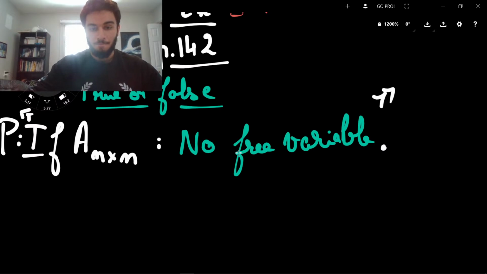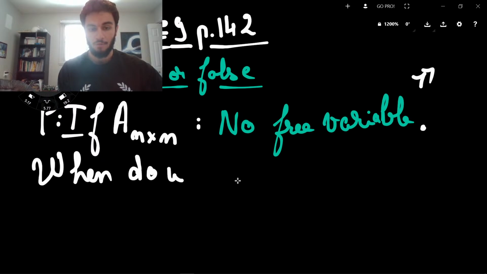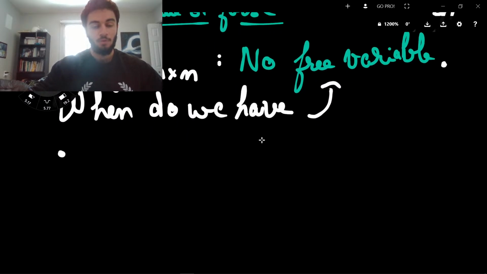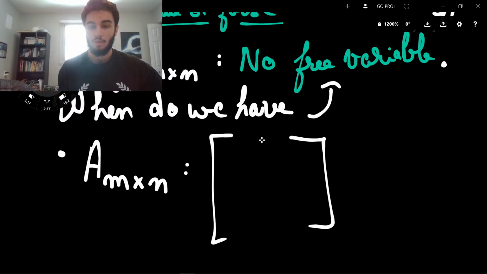Okay? Now, to verify this, we need to know the condition for when we have a free variable. So from what I learned, we have a free variable when my matrix A, m by n, doesn't have to be square, is missing pivots.